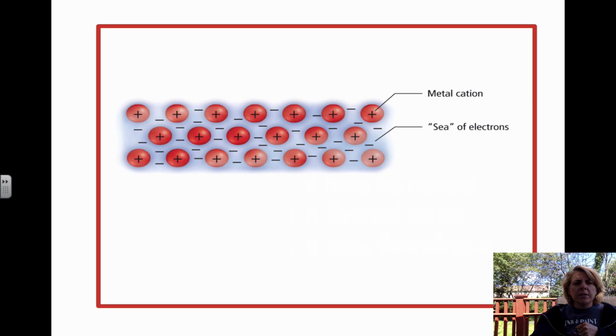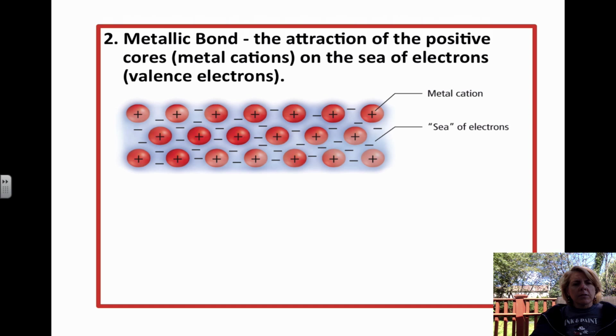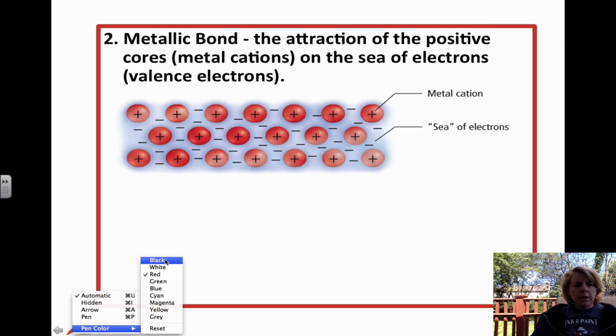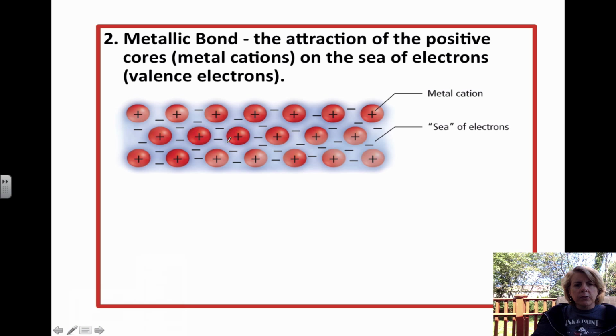Okay, so here is an example of a sea of electrons. So notice that these negative charges that are sort of interspersed within the positively charged metals, these electrons can flow from one atom to another. And because of that, we have what we call the metallic bond.